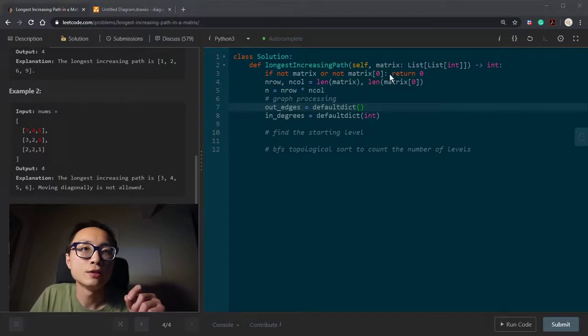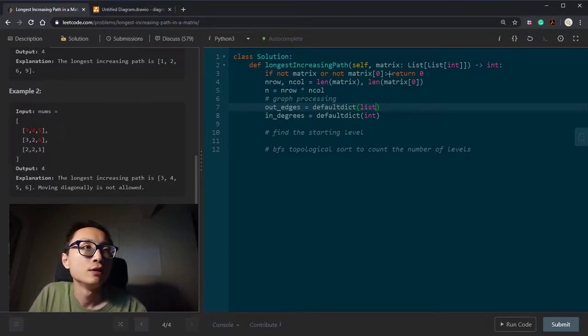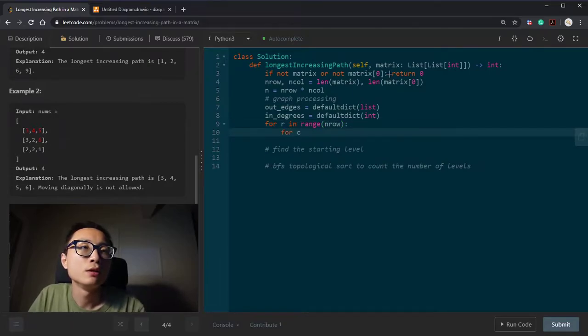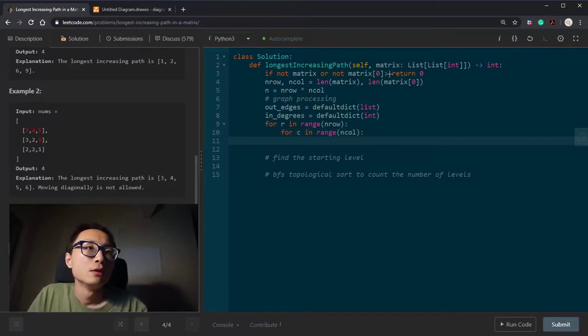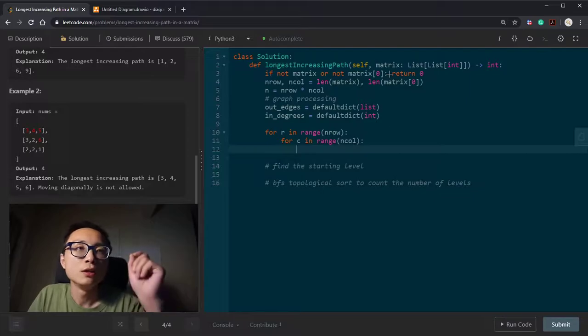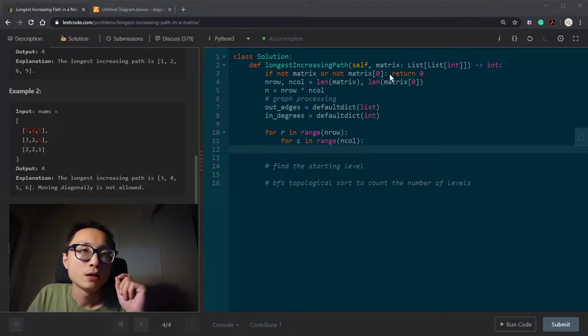The out edge is basically the adjacency list, the representation for the graph. So we're going to do for row in range of number of rows, for column in range of number of columns. We will try to look at the neighbors to determine whether we can actually draw an arrow pointing to the neighbor.